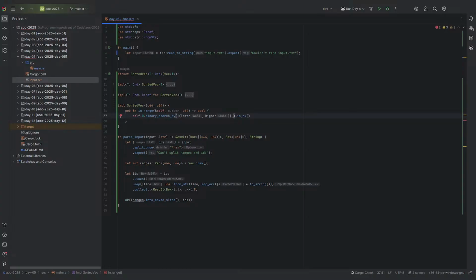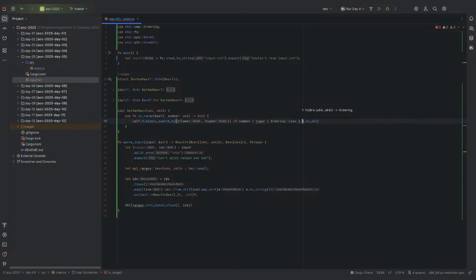I can have my two bounds, so what I can do is numbers less and lower than, ordering less, else if... actually, I wonder, can I deref?